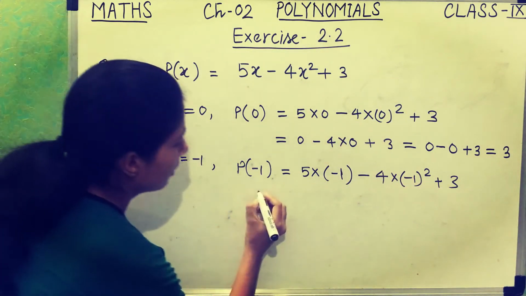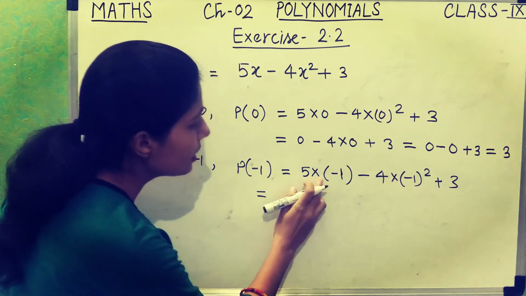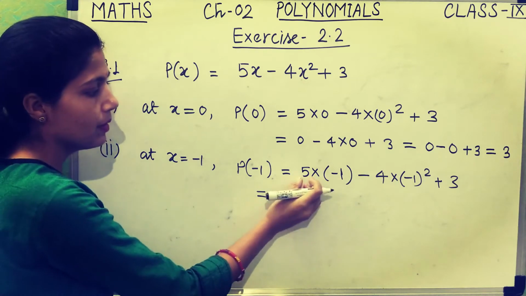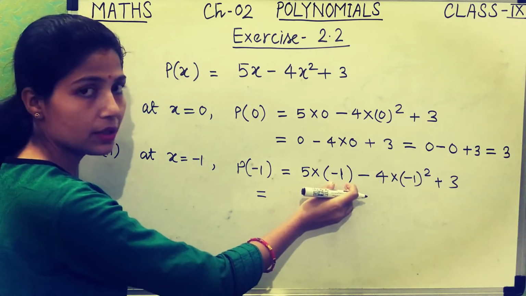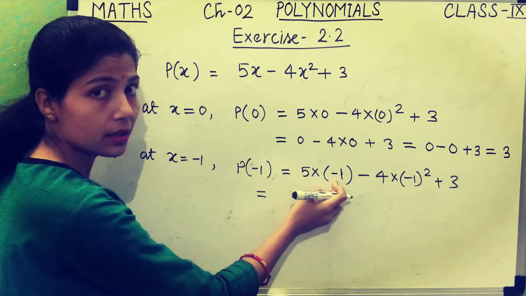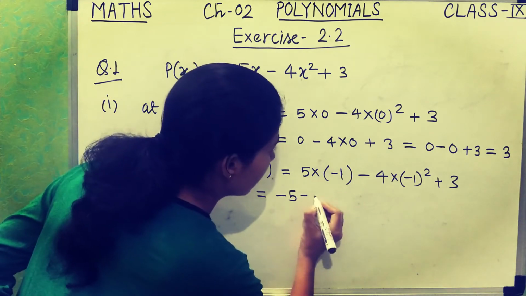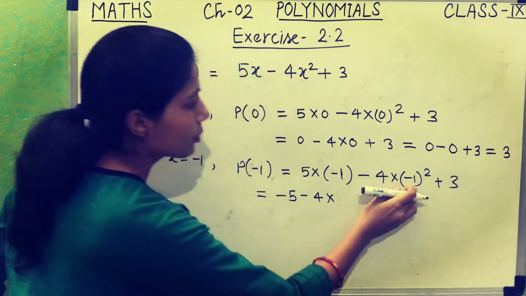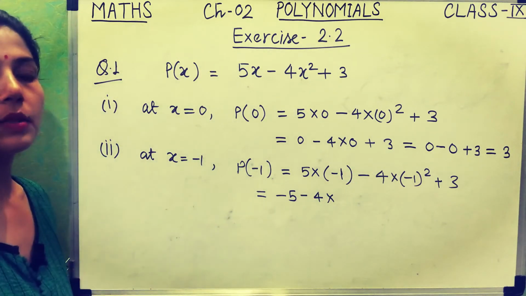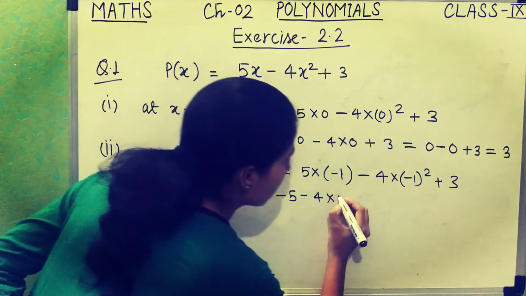Now calculate it. 5 into minus 1: 5 is a positive number and minus 1 is negative, so plus into minus will be minus, so minus 5. Now minus 4 into square of minus 1 means minus 1 into minus 1, that will be plus 1.